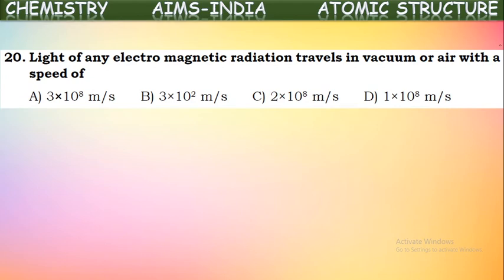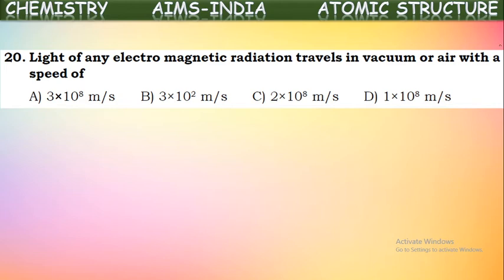Okay, next one. Light of any electromagnetic radiation travels in vacuum or air with a speed of. Yes, all the electromagnetic radiations will travel with the same speed, that is equal to the velocity of light. So these electromagnetic radiations travel in the air or in the vacuum with the same speed, equal to the velocity of light.